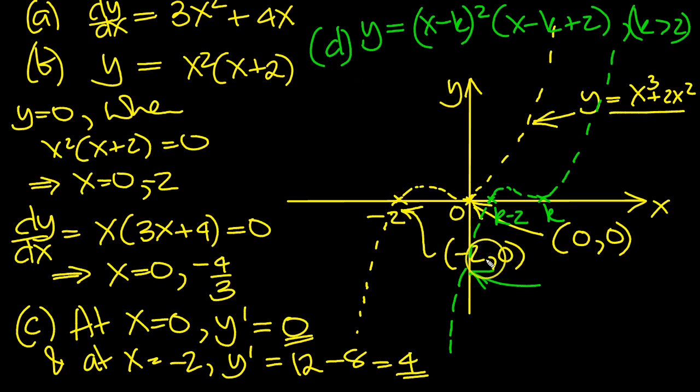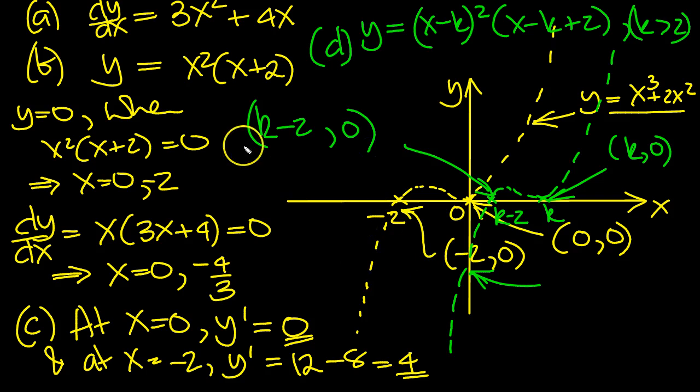Now we need to indicate where it crosses the axes. It crosses the axes here, both axes. This would be at (k, 0). This point here would be (k minus 2, 0). And then this next point here, when does x equal 0?